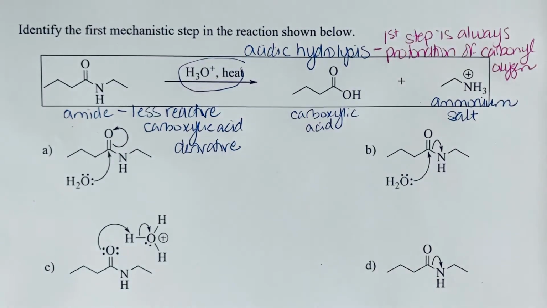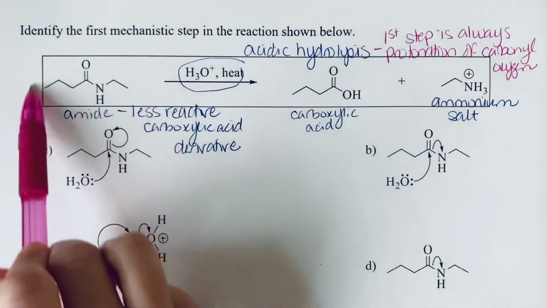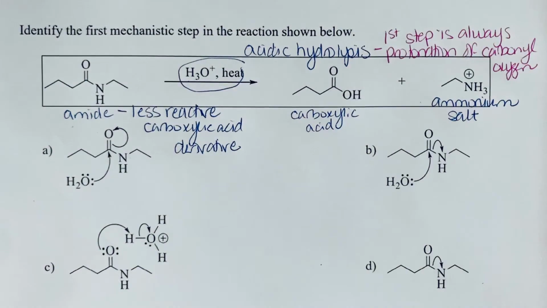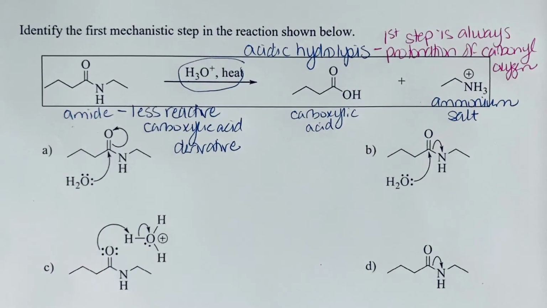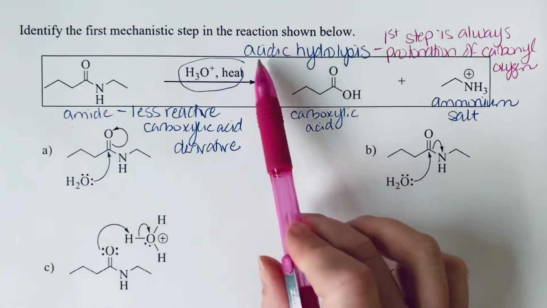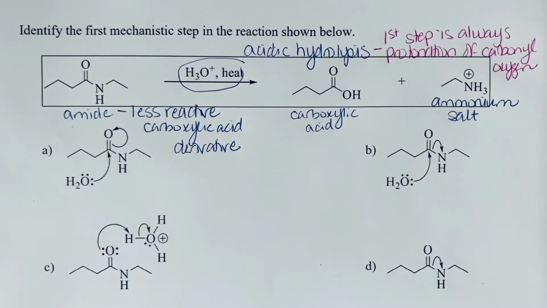It's by doing this that we actually catalyze the reaction and allow it to take place. Without the acid catalyst, if we were just to try to use a neutral amide and neutral water, we have a not reactive electrophile and a not reactive nucleophile, and the reaction simply won't occur. So if you're using acid, you're going to first protonate the carbonyl oxygen.